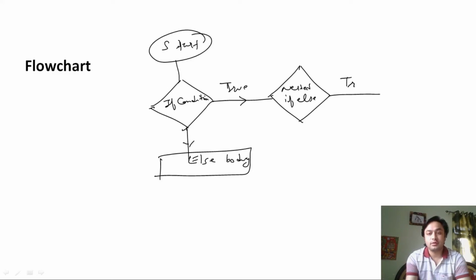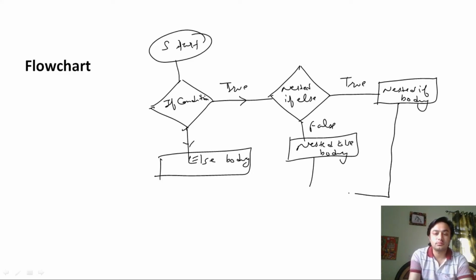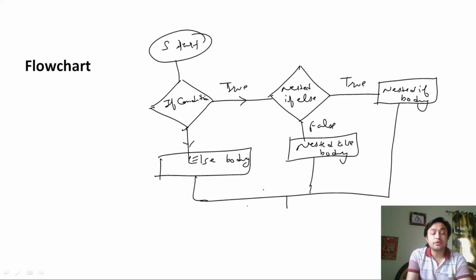If the condition is true, then the nested if body part will be executed. Otherwise, the nested else body part will be executed. After that, there will be execution of the instructions which are defined after the if else control statement.